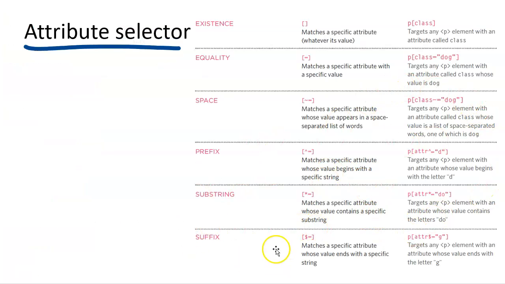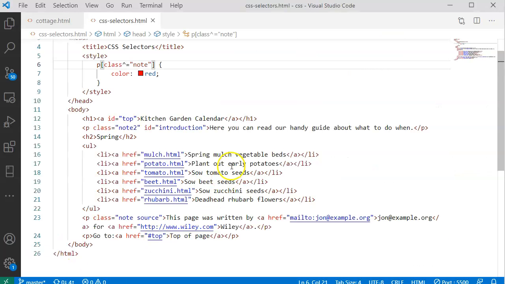And you can also just match a substring, so anywhere in the attribute value, so that's this operator. And you can also do a suffix match instead. So for a substring, let's look at our example. So I can just match the substring hour.